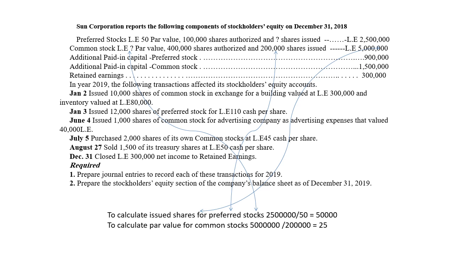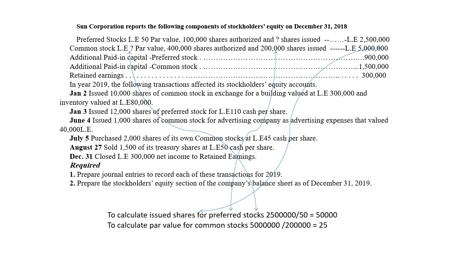First of all, you notice that there is a question mark for the issued shares of the preferred stocks. How to calculate these issued shares? You should know that the value of preferred stocks capital, which is 2,500,000, comes by multiplying the number of shares issued by the par value.